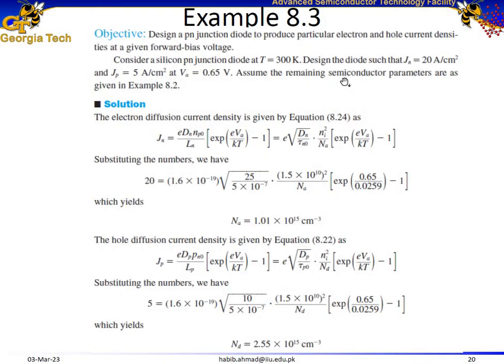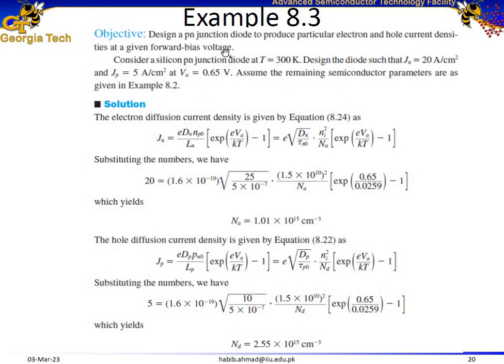Okay, now we have another example, and in this example we are asked to design a PN junction diode to produce a particular electron and hole current density. So consider a silicon PN junction diode at room temperature. The electron current density is given, the hole current density is given, the applied voltage is given, the remaining semiconductor parameters are given in 8.2.